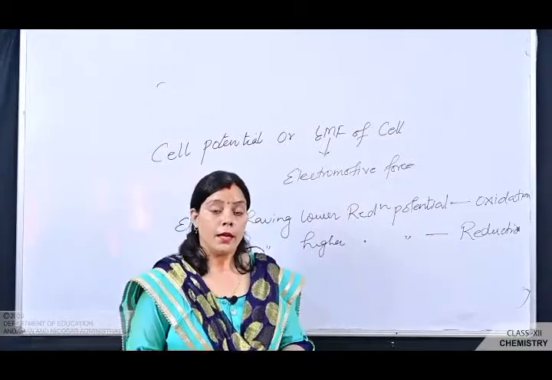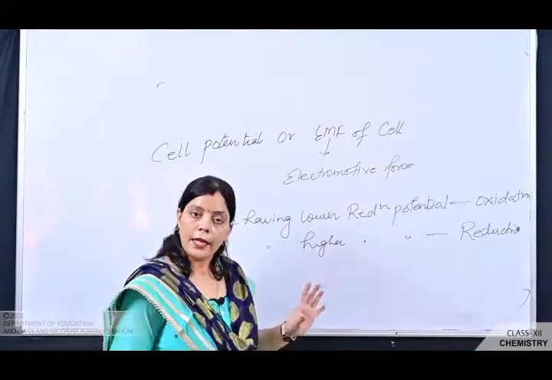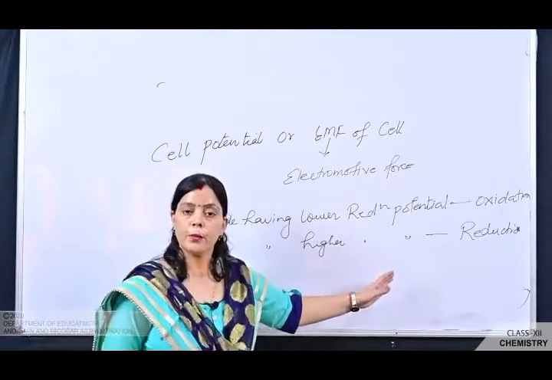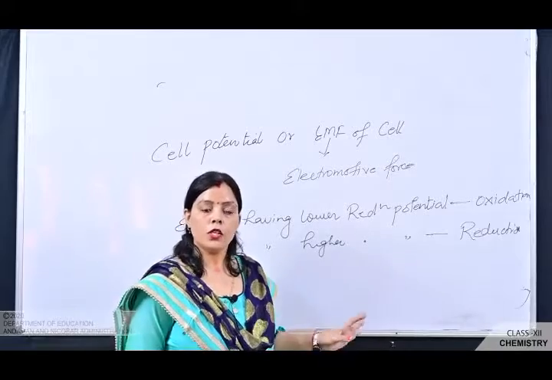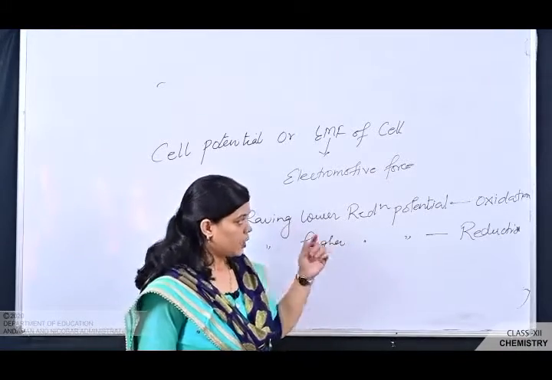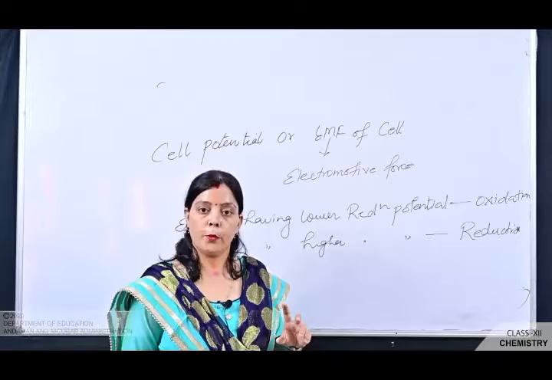So the gaining of electrons occurs at the electrode having the higher reduction potential, whereas the loss of electrons takes place at the electrode having the lower reduction potential.